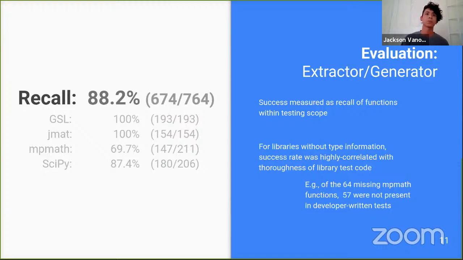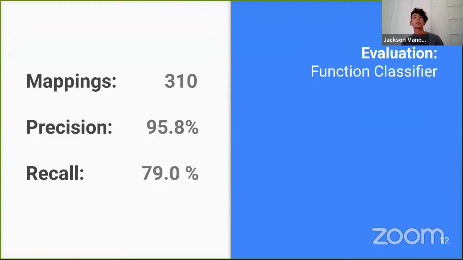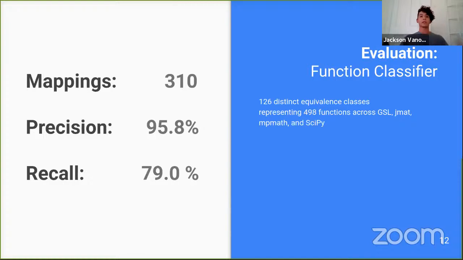And then our function classifier discovered 310 mappings between function synonyms with a 95.8% precision and a 79% recall. Ultimately, this made up 126 equivalence classes of special functions representing 500 such functions across these 4 libraries. These numbers, precision and recall, were calculated manually. Precision was affected by our choice of elementary inputs.